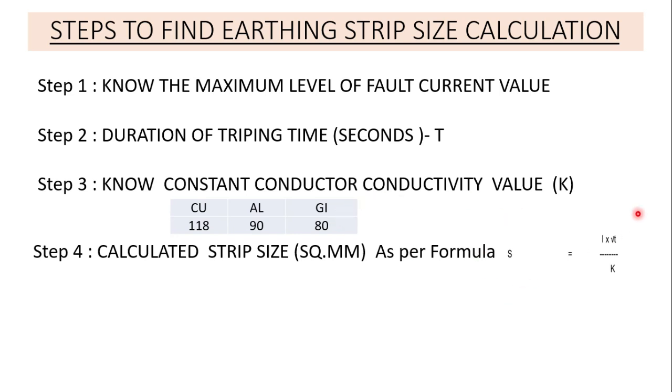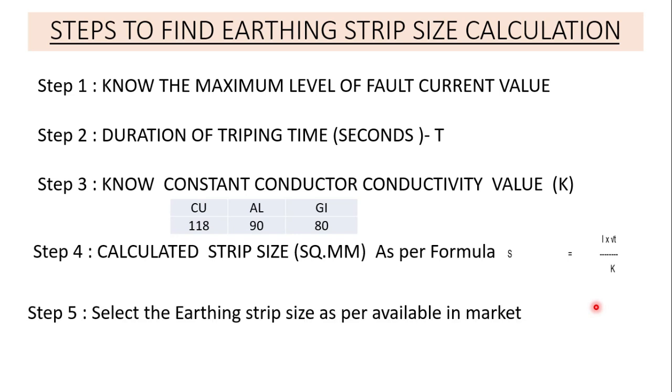We have to keep this formula in mind while calculating the earthing strip size. Now in step 5, after calculation, we have to select the earthing strip size as per what is available in the market. We have to follow these 5 steps to calculate the earthing strip size.